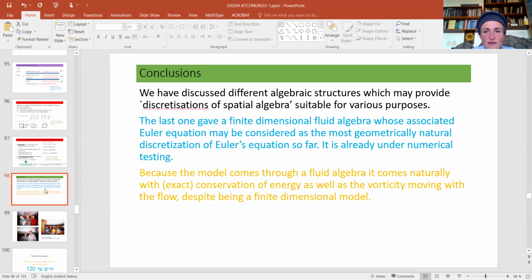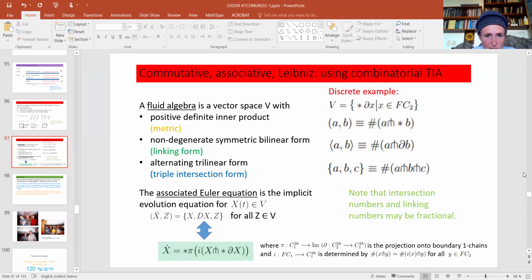Because the model comes through a fluid algebra, it comes naturally with exact conservation of energy as well as vorticity. I can mention that if you look back at the equation, if we put an x in here, it naturally vanishes because the intersection form is antisymmetric. So that means that the bracket of x with x is 0. In other words, the bracket of x with x is an invariant.